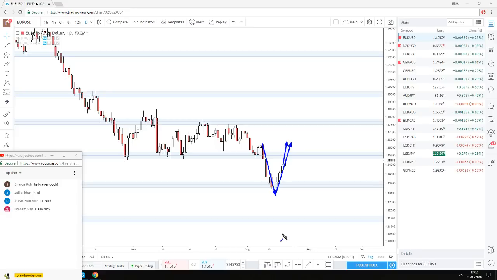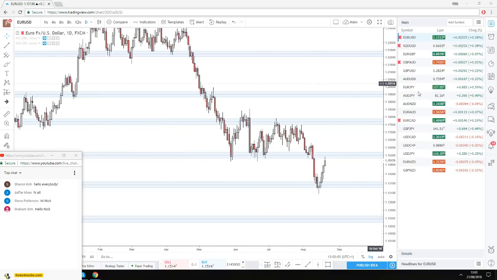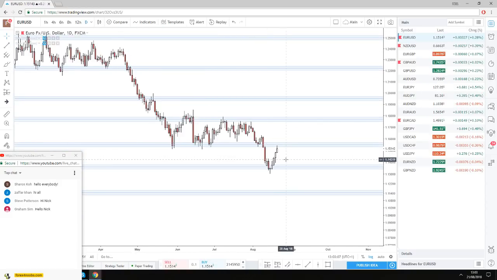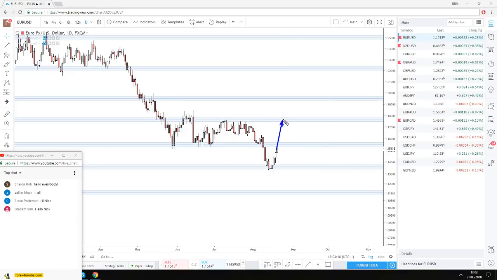When price is in a range and drops out of that range, it gets sucked back into the range a lot of times. So that's totally what we could be seeing here. And if it does, then that'd be great, because it's always easiest to trade in a range. So that'll give us some nice range trades there.